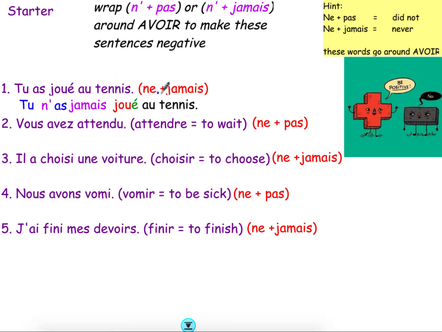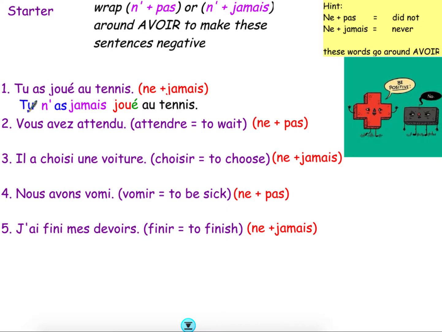Okay, so this question wants us to put this in the negative and say ne jamais. So, ne and jamais means never. So it's going to change this sentence to you never played tennis, or you have never played tennis. So let's look here.